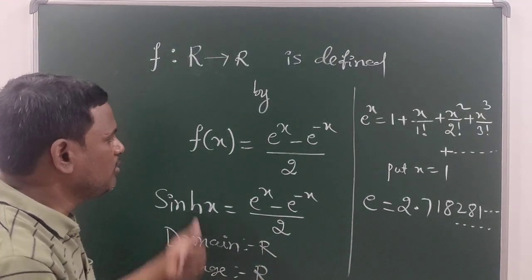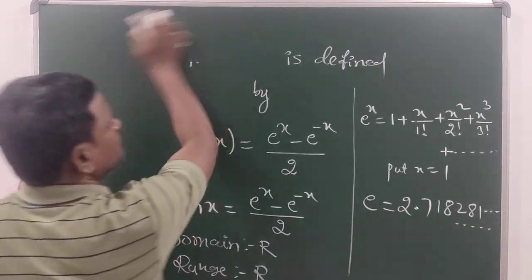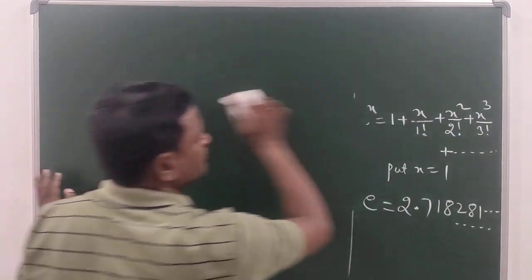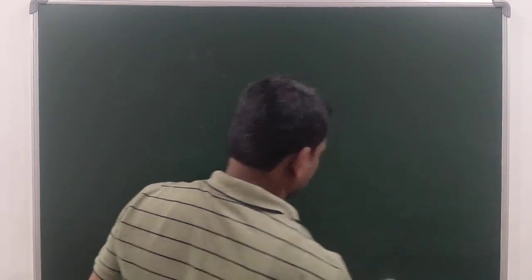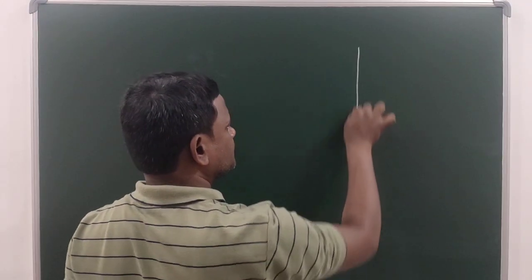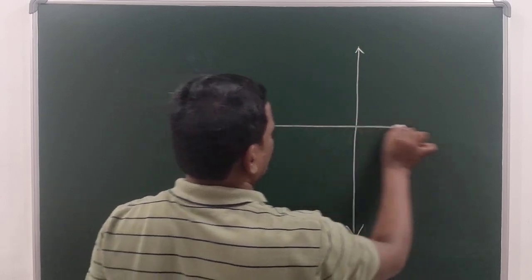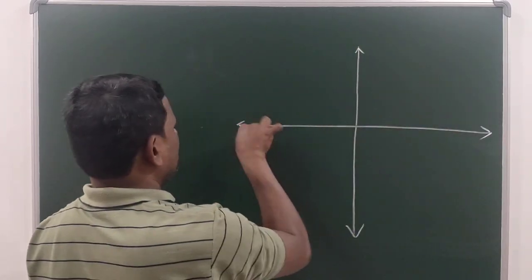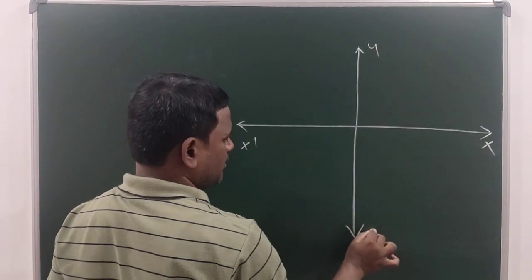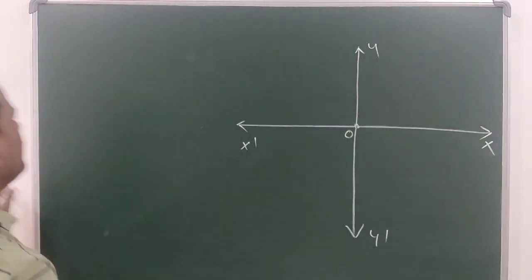Now let us go to its graph. See here, x dash, y dash, this is the origin.